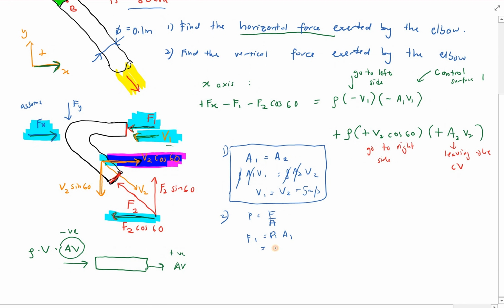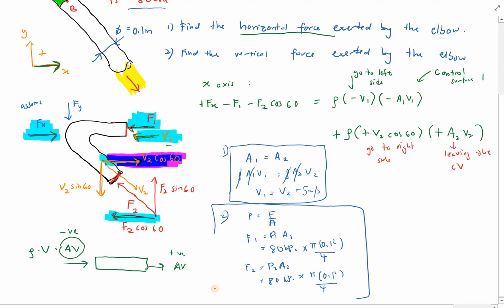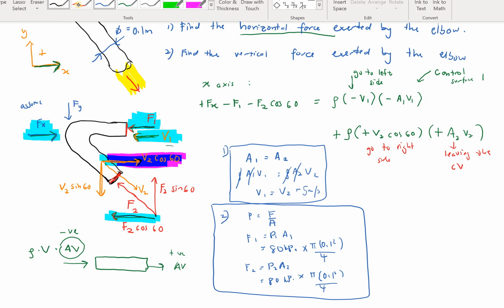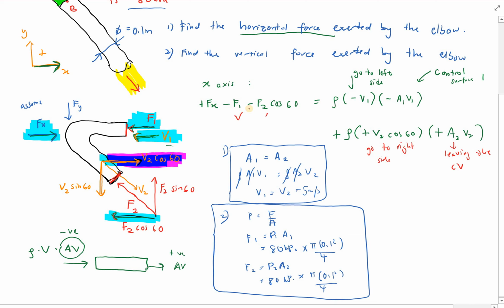So F1 equal to 80 kilopascal times the surface area at A, which is pi 0.1 square over 4. Similarly, for your F2, you have P2 A2 equal to 80 kilopascal times pi 0.1 square over 4. Now, with these two pieces of information, you have your values for F1 and F2.